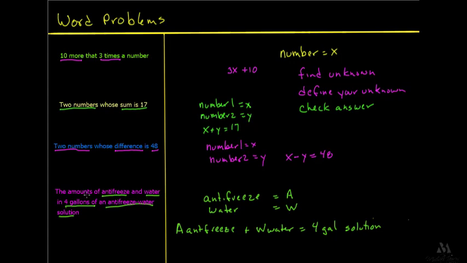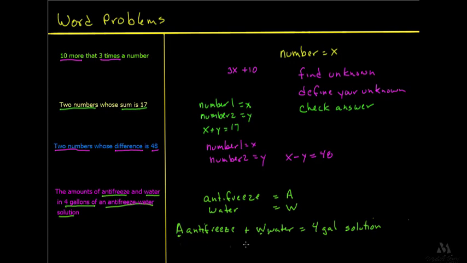So what do we have? The amounts of antifreeze and water. So A is our amount of antifreeze. W is our amount of water. So this might be like 1 gallon antifreeze plus 2 gallons of water equals, well, that won't come out. So this might be like 2 gallons of antifreeze and 2 gallons of water to get a 4-gallon solution, but we don't know.